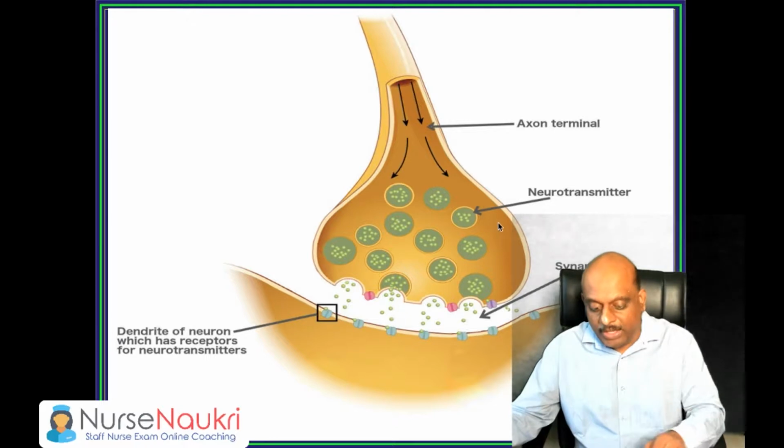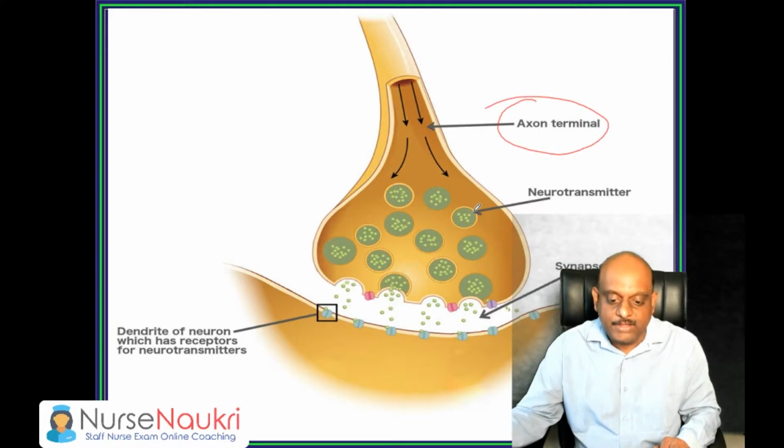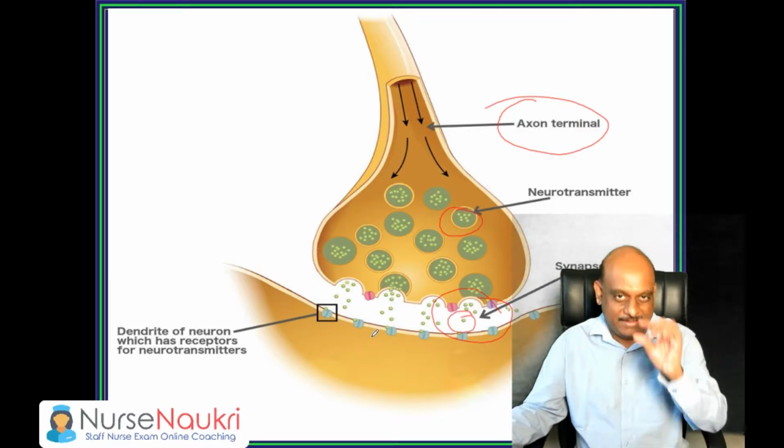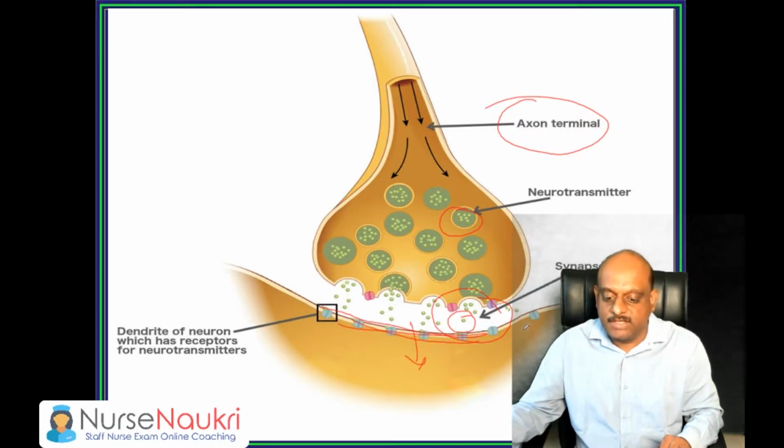So you have the axon, that is the nerve terminal, and the neurotransmitter is released. Here you have the synapse that is releasing the neurotransmitter, and that in turn is acting on the postsynaptic membrane. What is this called?